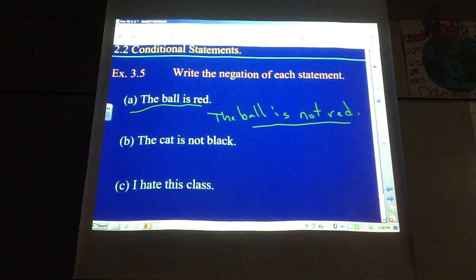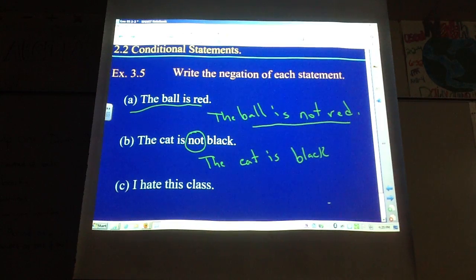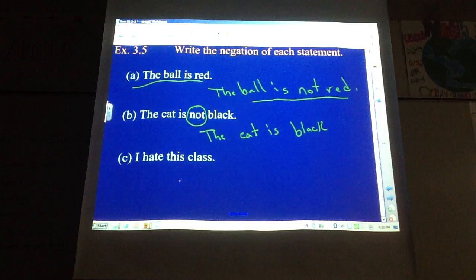The cat is not black. To negate that, it's already got the word not, so I'm going to take that word out. It's going to be the cat is black. Alright? And then everybody's definitely not saying this statement, but I hate this class.